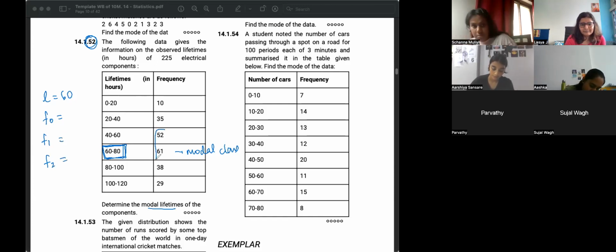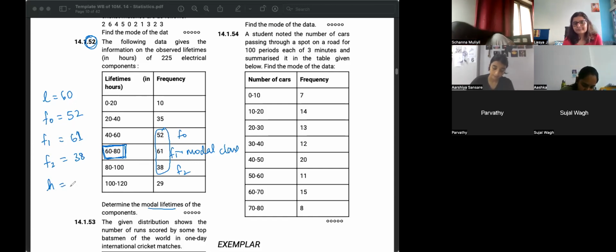So this is F naught, this is F1, this is F2. So once you find the modal class, you just need to care about these three frequencies. That's all. So F naught will be 52, F1 will be 61, modal class ka frequency, and F2 will be the one after it, which is 38. And H will be equal to.